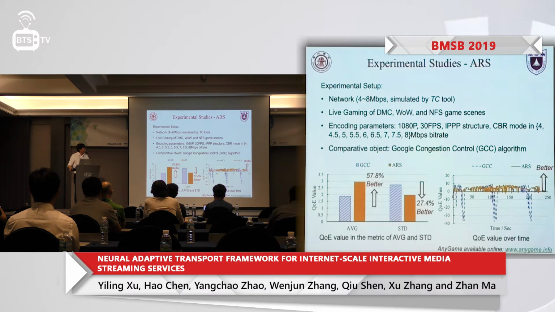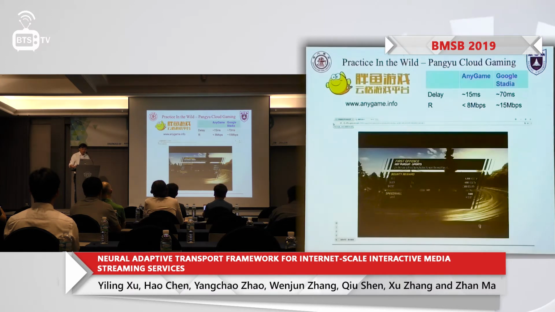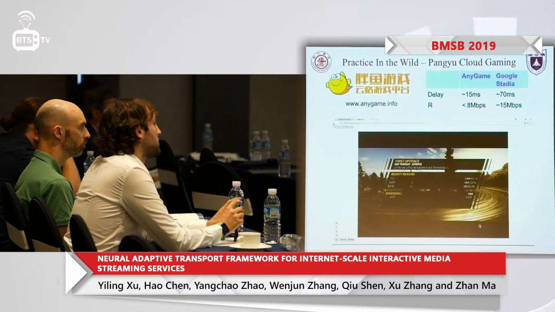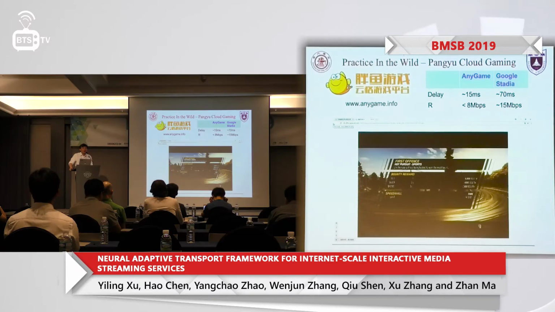Along with this kind of simulation studies, we have the practice in the wild. The first one is AnyGame. This is the direct competitor to Google Stadia. We have a third-party independent test compared with Google Stadia. We measure the delay in the same environment.